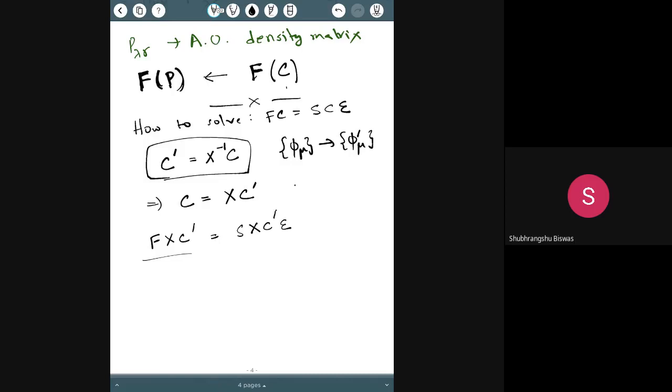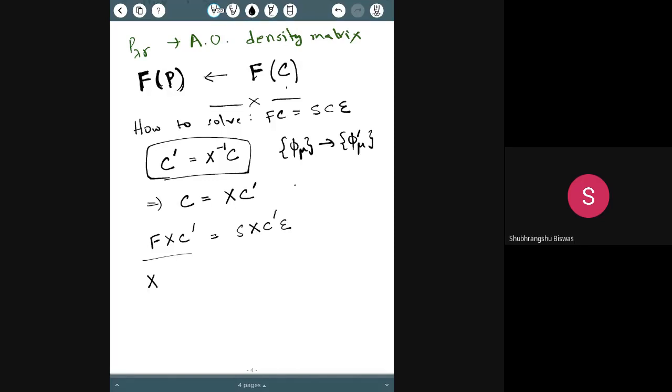Anything else we can do? If you choose a unitary matrix for X, then it transforms. Oh, no, it is not correct. Sorry. You're not very far actually.